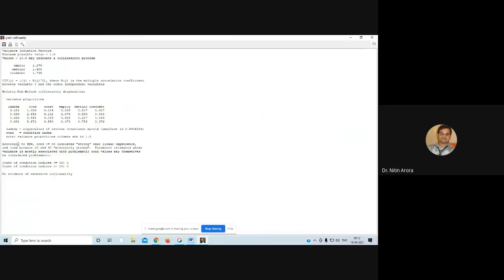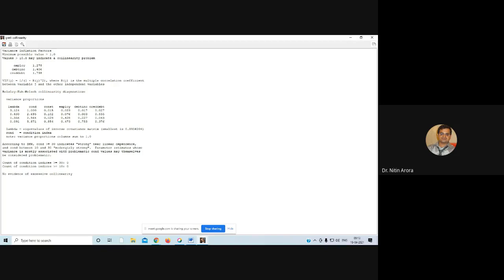According to the BKW collinearity diagnostic, condition index must be less than 10. यहाँ पे ranges are given. We say condition index greater than or equal to 30 indicates strong near linear dependence, strong multicollinearity.